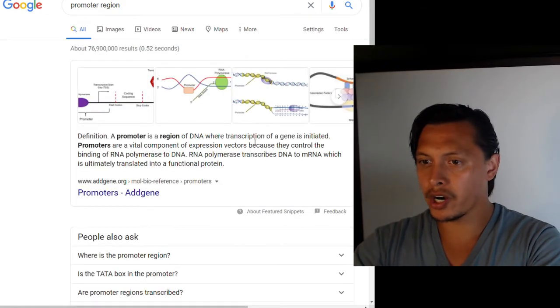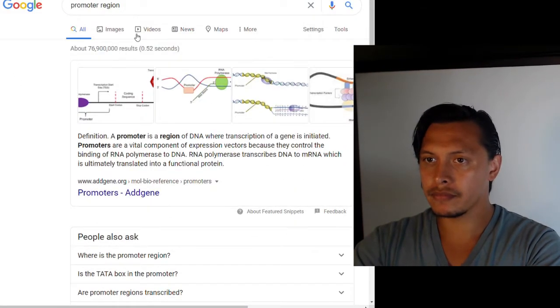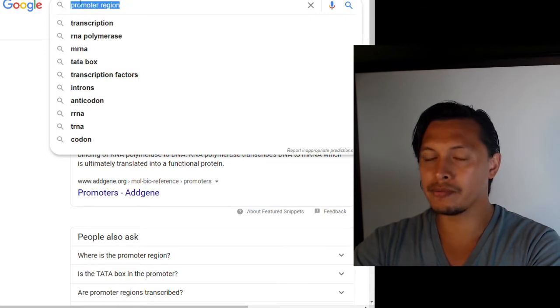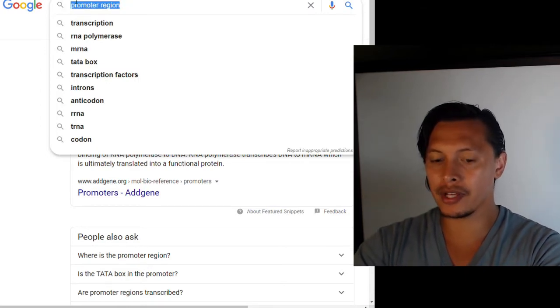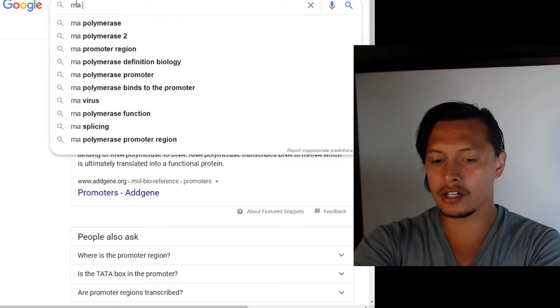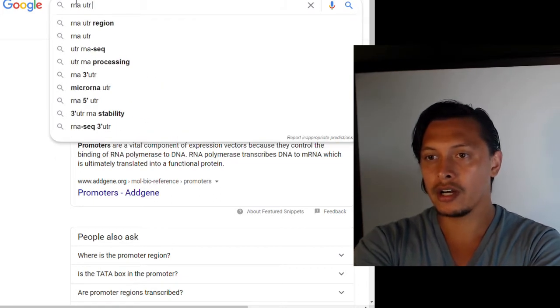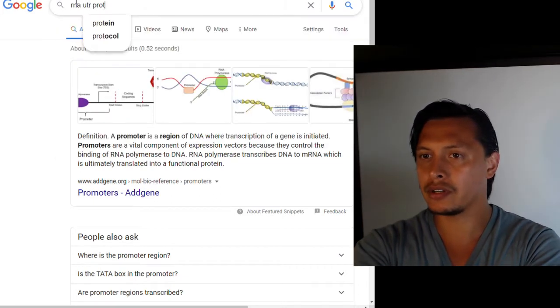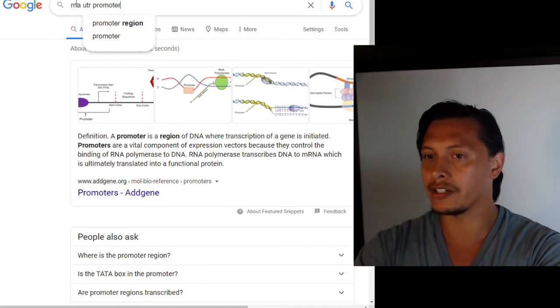So the promoters are on the DNA, okay. And then I always mix up, so the DNA has the promoters, and then the RNA untranslated region will have, is it also called a promoter? One second, I need to.